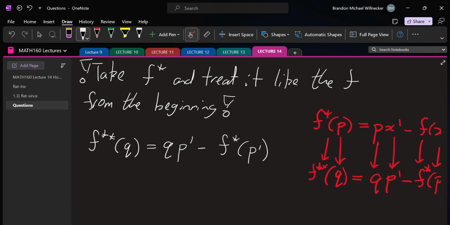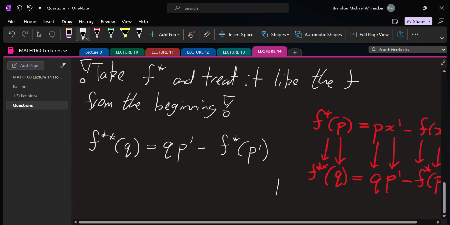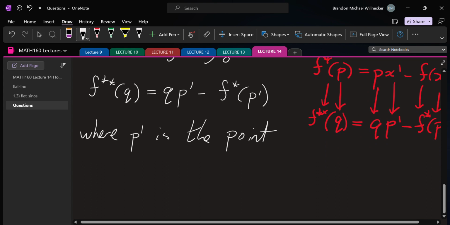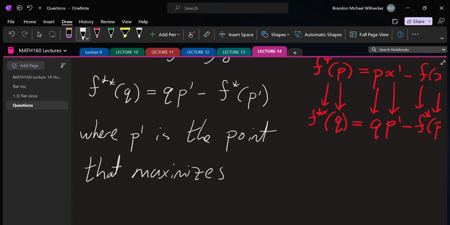Again, what is p prime? p prime is that particular point where it maximizes that difference. Where p prime is the point that maximizes, what does it maximize?